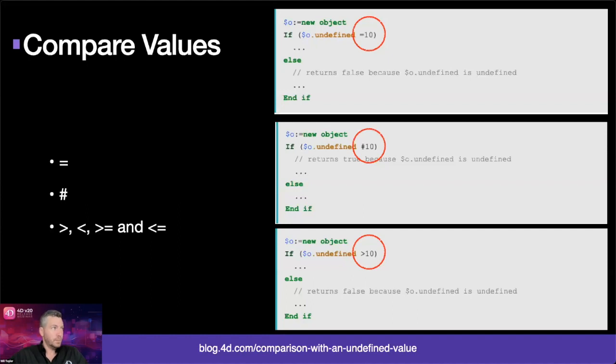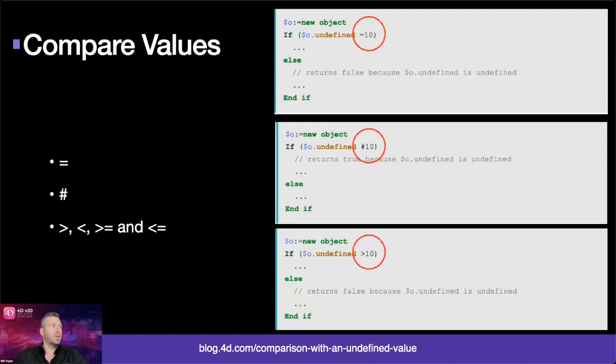So as you see here, the first one, the equal sign comparison, returns false when you compare it to 10, because it's not 10. So it's not 10, but you're not going to be returning an error, even though the object is undefined.